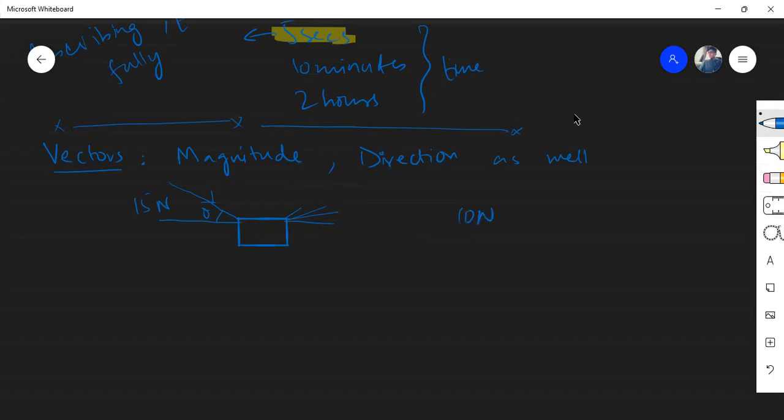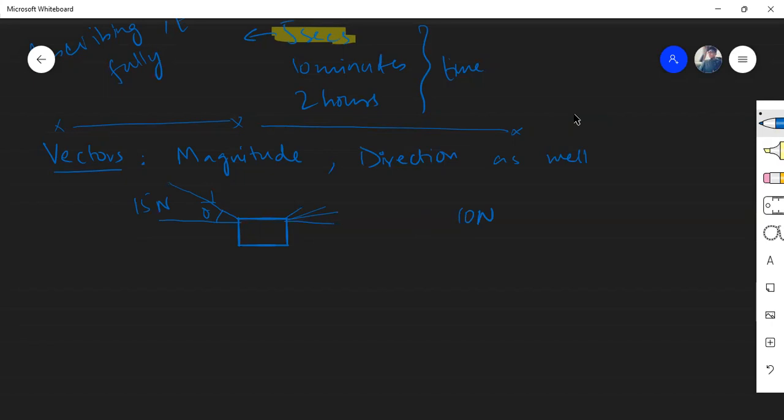Now you don't know in what direction I actually applied these 10 newtons. Was I horizontal? Was I at an angle? And how much was the angle? You have no idea.